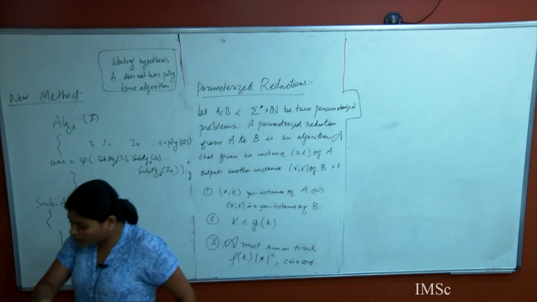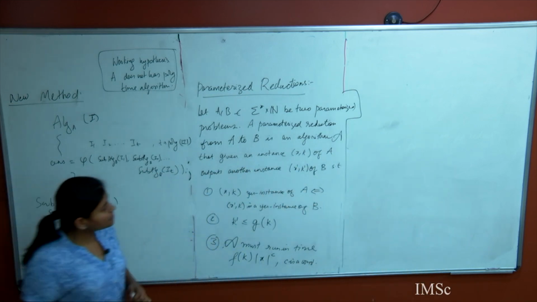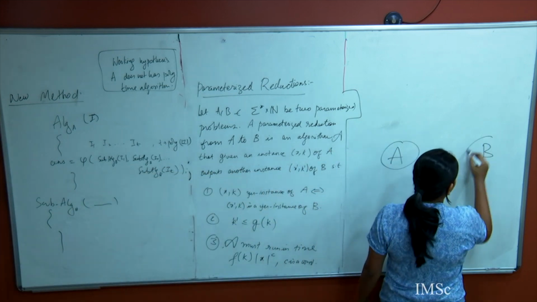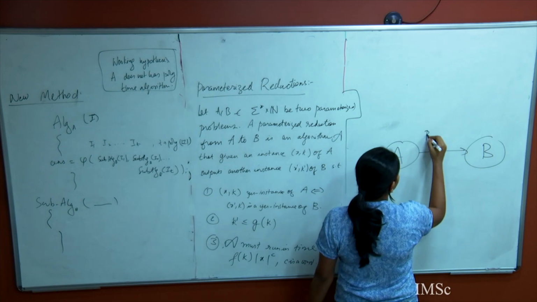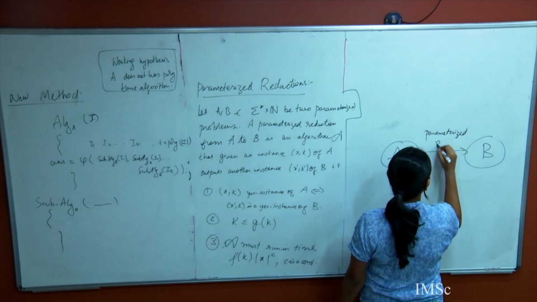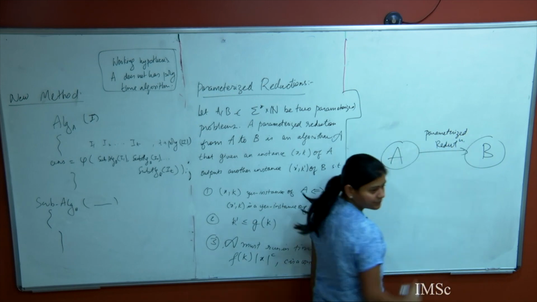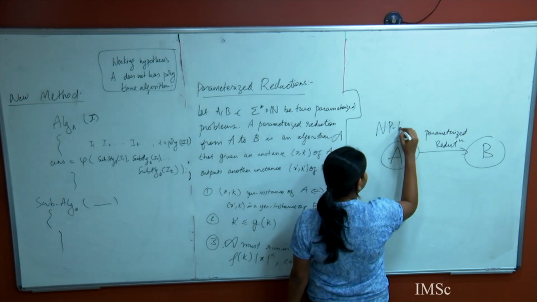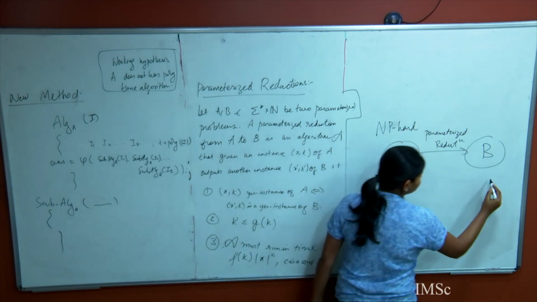So now let us see why. So suppose you have two problems A and B, and you manage to give a parameterized reduction from A to B. Okay. So suppose A is NP hard. Can you conclude something about B?